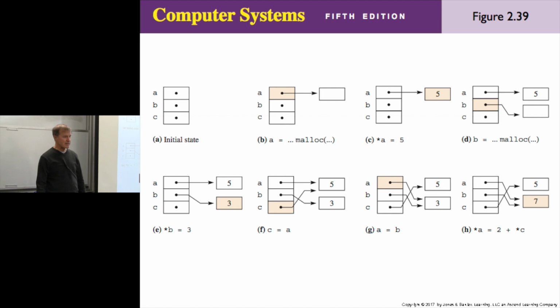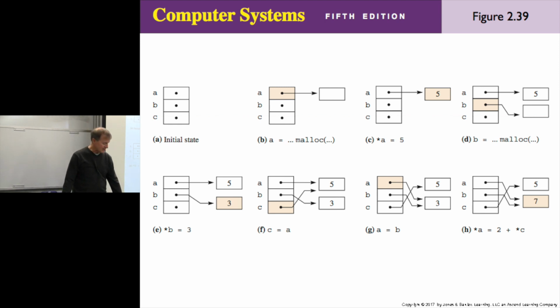What did we say that makes happen? C points to the same cell that A points to, so that's pointer assignment, and etc. It's a little nonsense program just to show how pointers work.